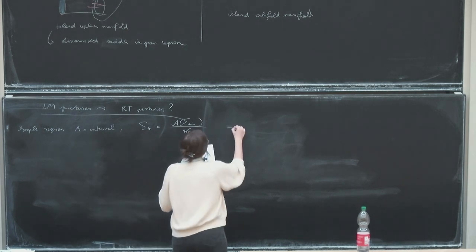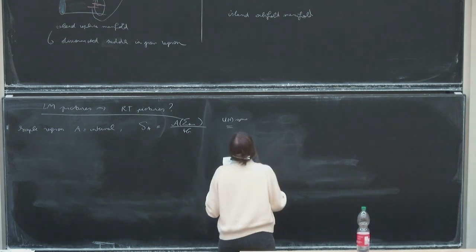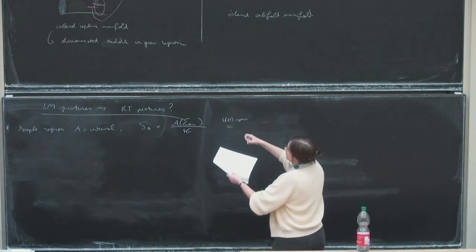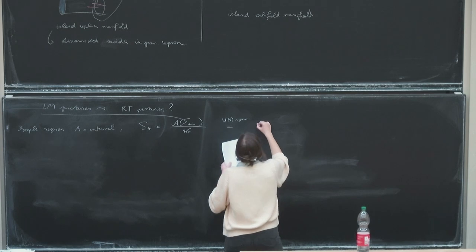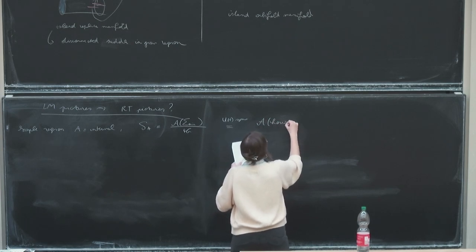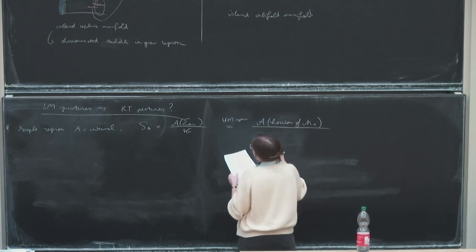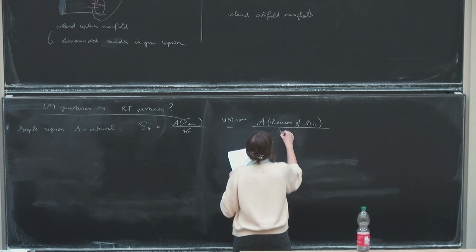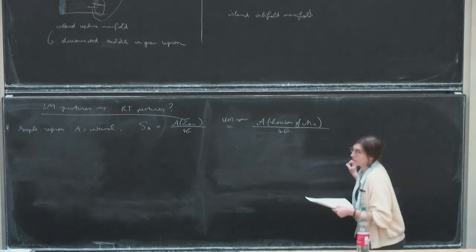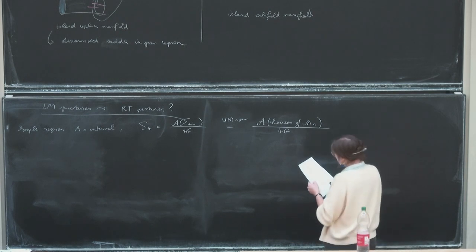But in this U(1) symmetric case, meaning it can be mapped to a thermal system, which is exactly what we did, it's equal to the area of the horizon of the non-replicated bulk solution over 4G.